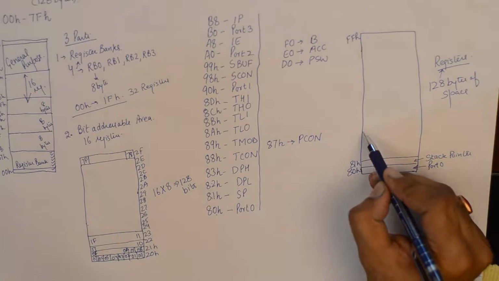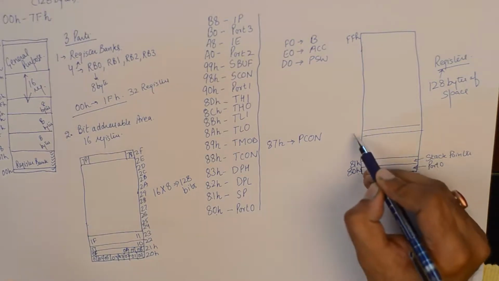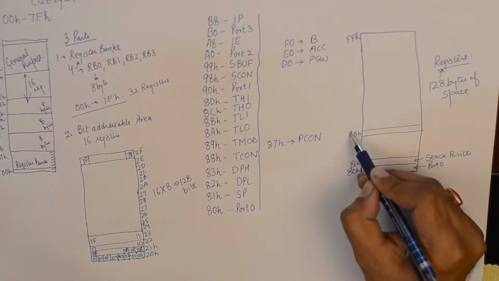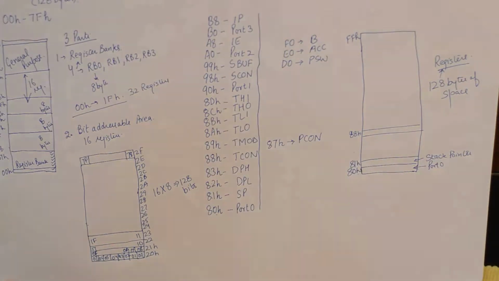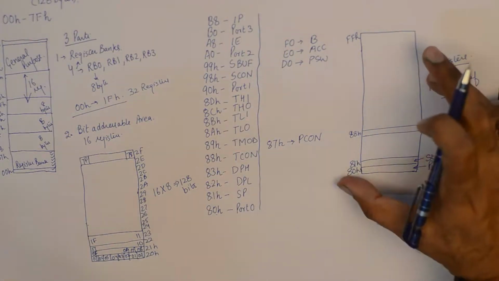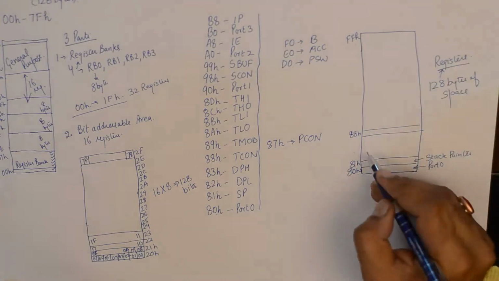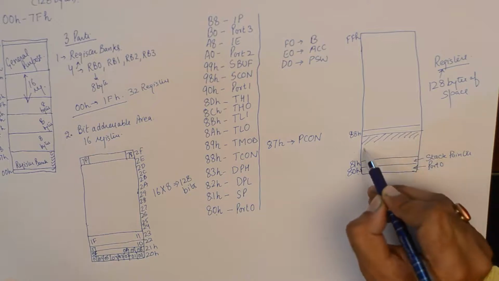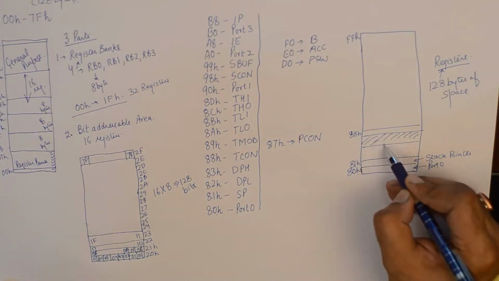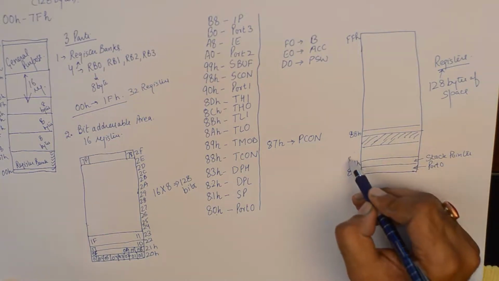Then we have 88 somewhere here. So you could either draw these SFRs on this extended memory set with some amount of spacing which is not accessible, for better understanding.